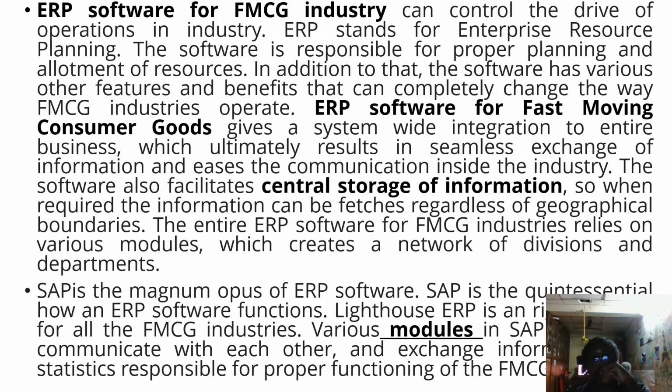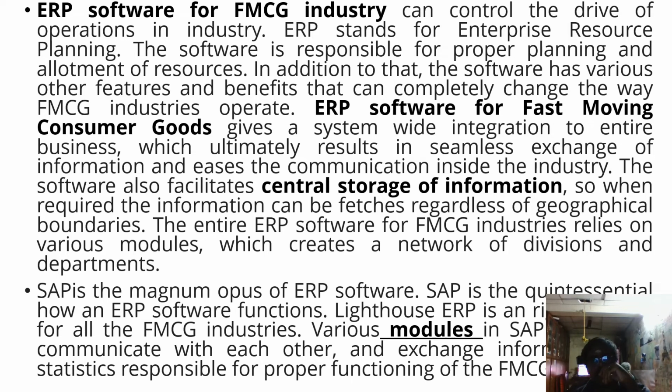The entire ERP or SAP software for FMCG industries relies on various modules, which create a network of divisions and departments. SAP is, I can say, the magnum opus of ERP software. It is quintessential.